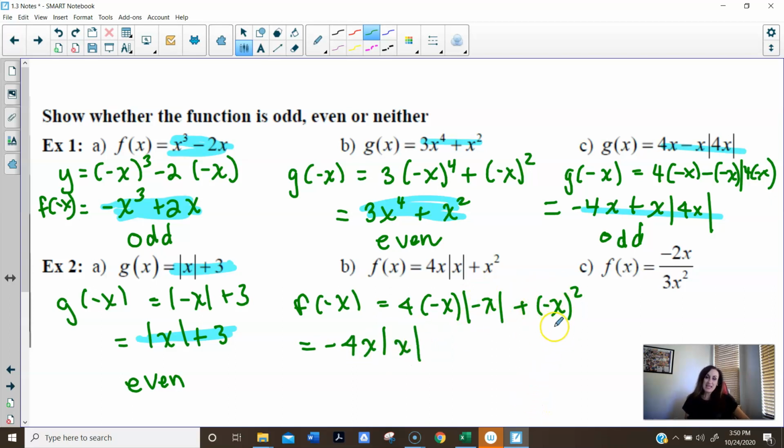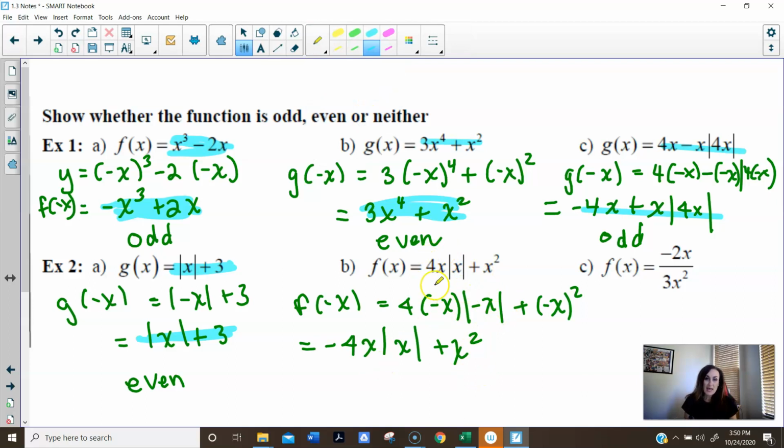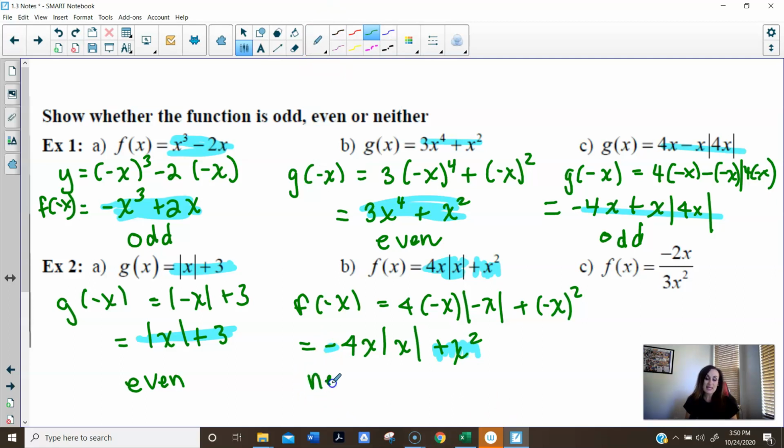And then a negative times a negative is a positive, so this one is going to be plus x squared. If we compare this to the original, you can see this term is the opposite, but this part of the original is the same. So since it's not the opposite of both terms, we know that this one is going to be neither.